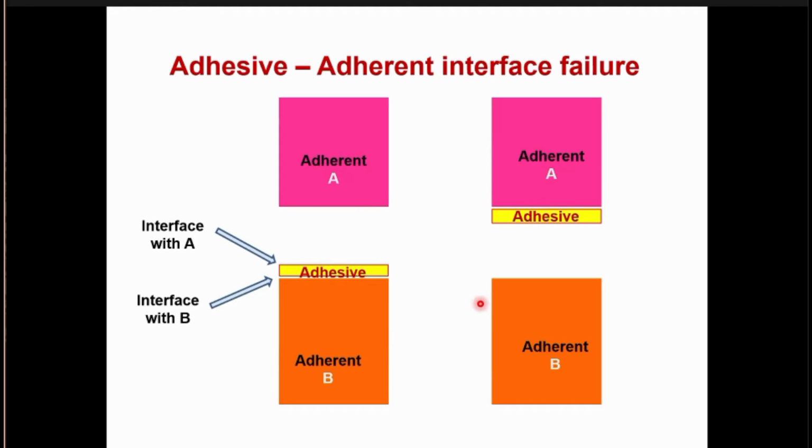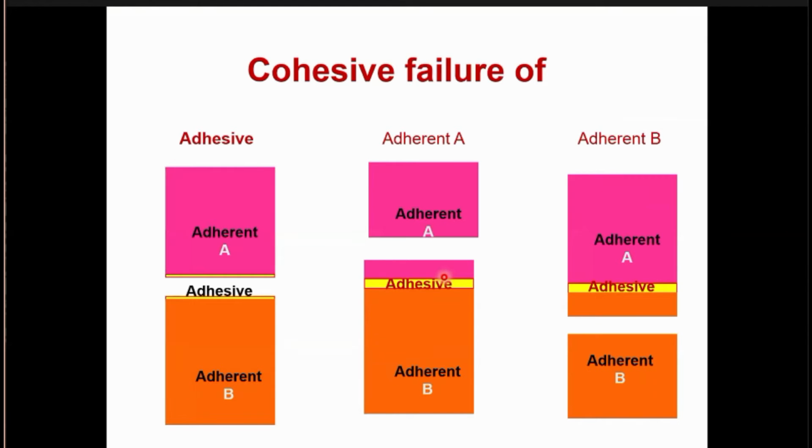So adhesive failure can happen at any interface. Similarly, cohesive failure can happen within any material, within one adherent or the second adherent or within the adhesive. Still we call it cohesive failure because it is within the same material.